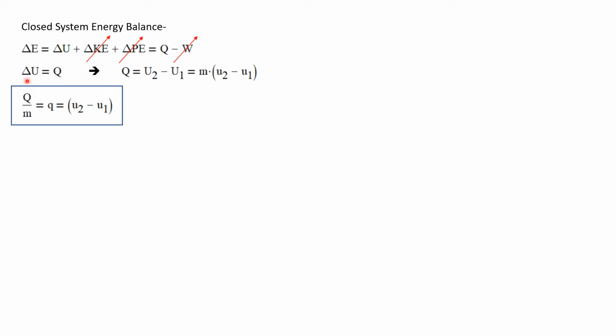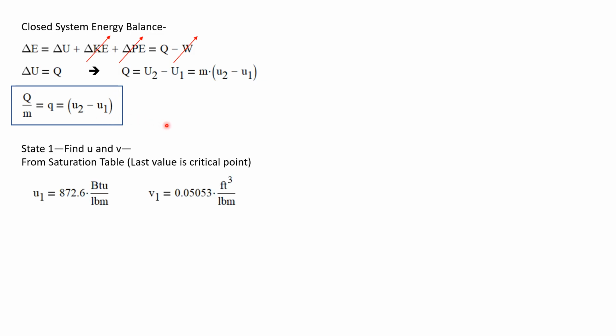That leaves us with just delta U equals Q. Well, I can rewrite that as Q equals U2 minus U1, those are capital U's, which have units of energy. And that's equal to the mass times the change in specific internal energy. So we can say that Q over m, which we often just write as a small q, is just the change in specific internal energy.